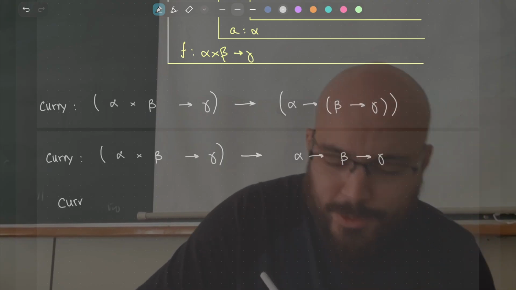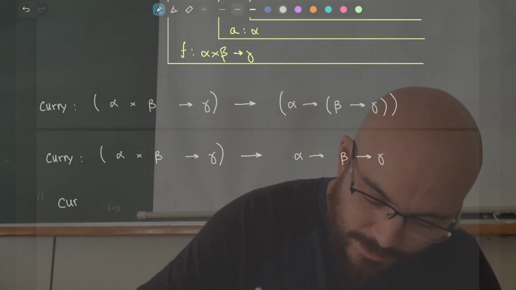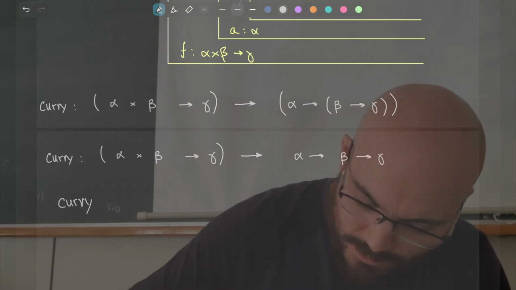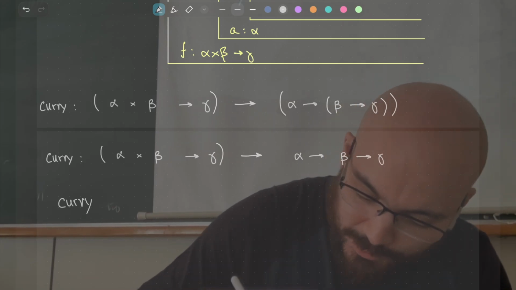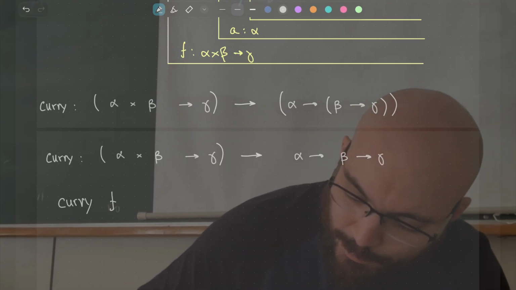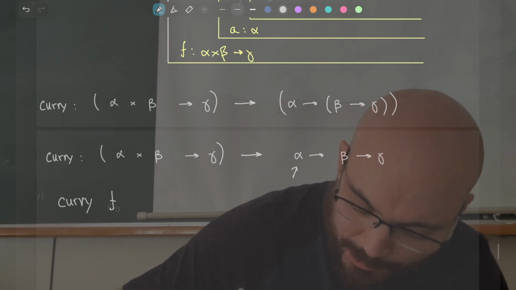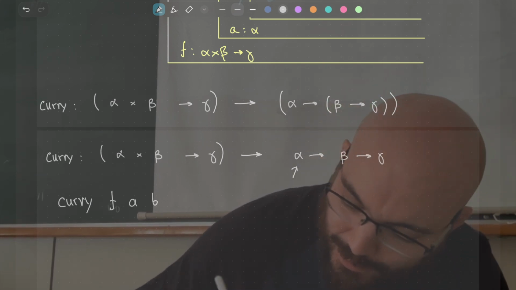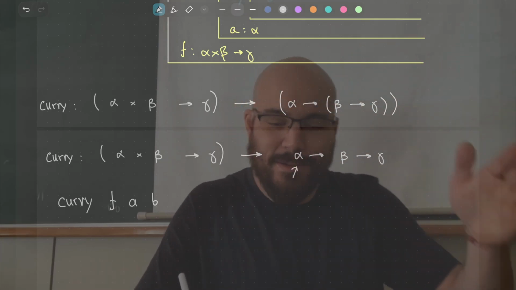Now it looks like a ternary function. Curry. I need something to denote this type, and this will obviously be f. Now my second curried argument will be something to denote this type, a, and now b, and now I put the stop here, right?